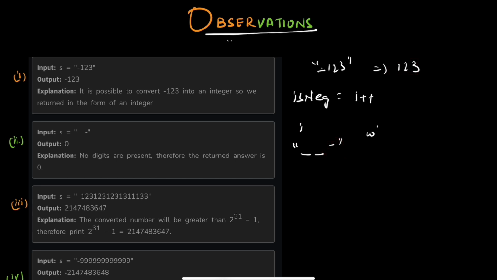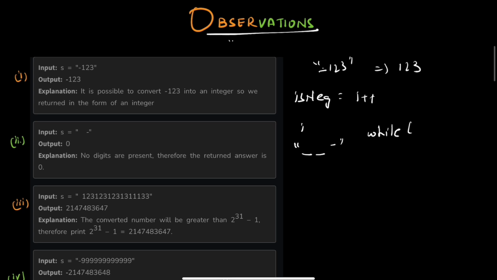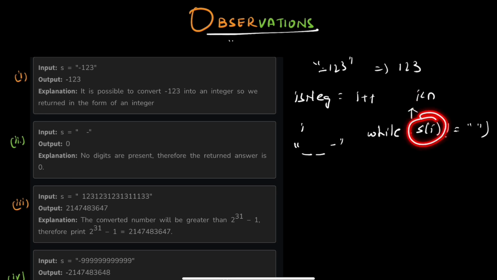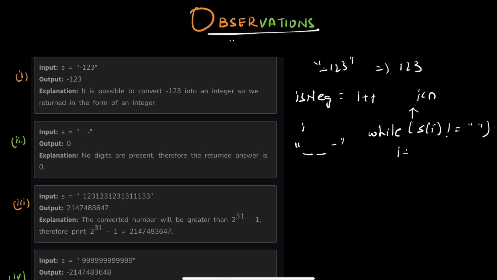Here we need to run a while loop while I is less than n, because the string could be empty, right? So it would go out of bounds. So while I is less than n and at the ith character we are finding an empty space, we need to move our ith pointer ahead, right? So with this we'll skip this space and we'll finally reach here. That is, I will be now here.